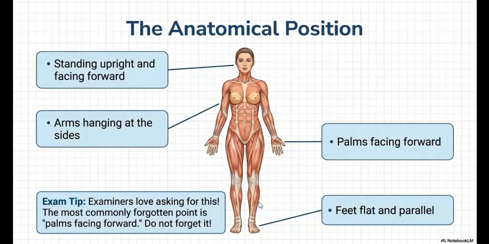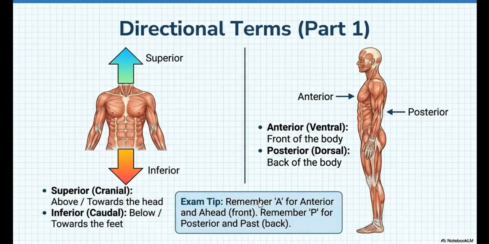Now that we know the standard body position, let's learn the language used to describe different body parts. Directional terms: doctors and nurses use special words to describe the location of body parts. Let's start with the first two, superior and inferior.